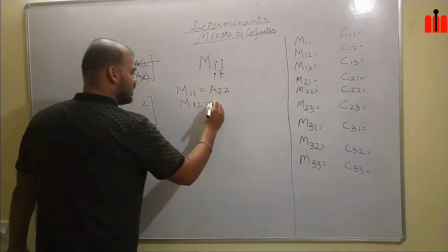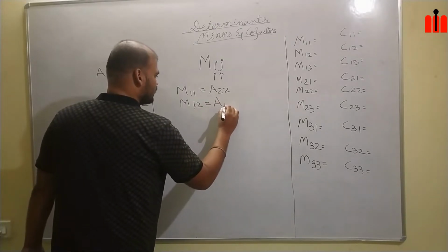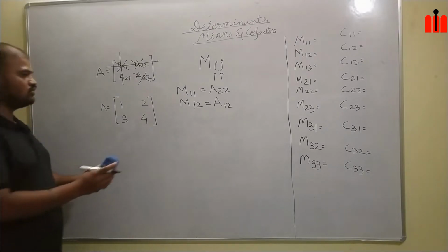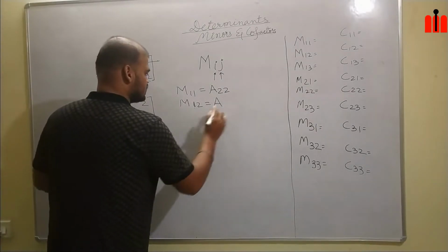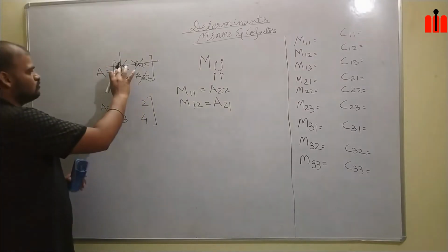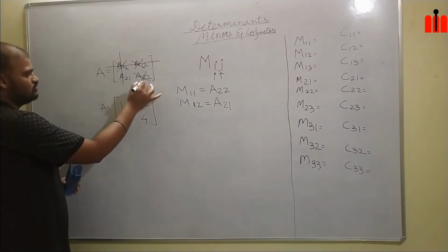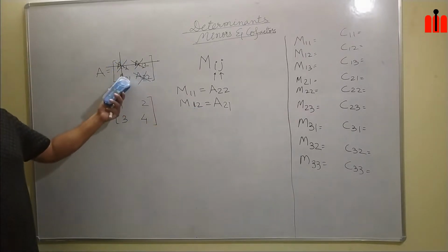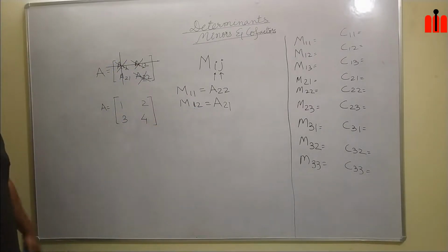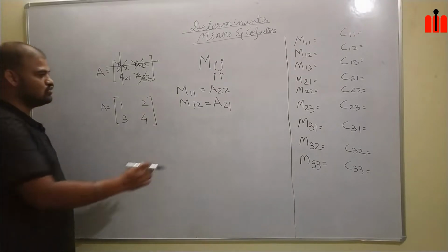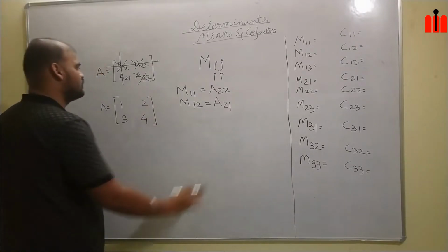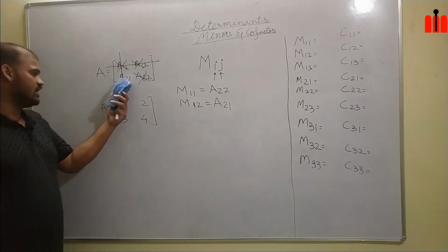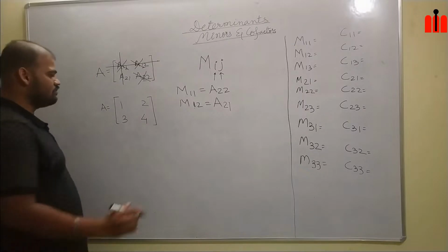So my minor M12 will become A21. Once A11, A12 and A22 are crossed out because of the first row and second column, we are left with A21 over here. So my minor M12 will become A21. Like that, what will be my minor M21?